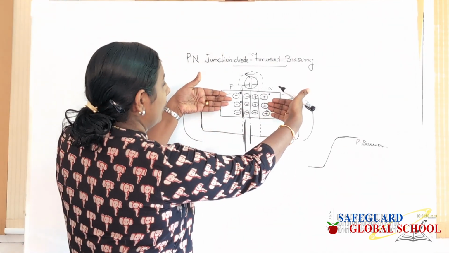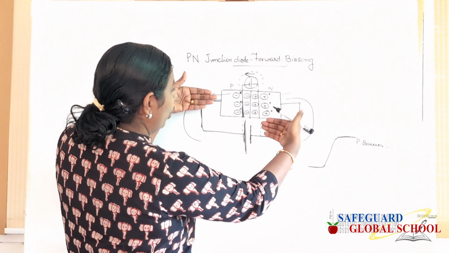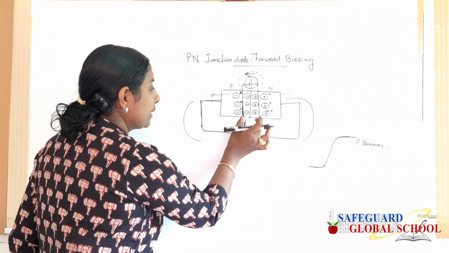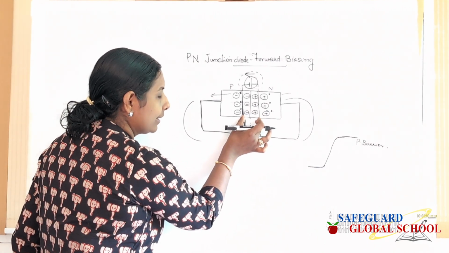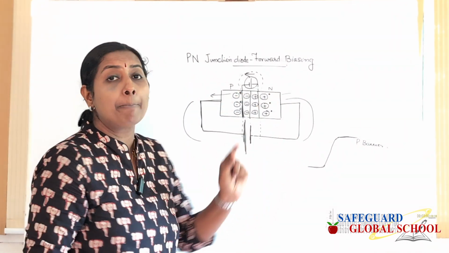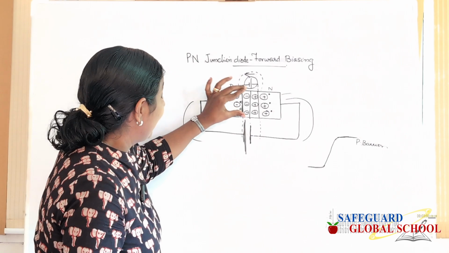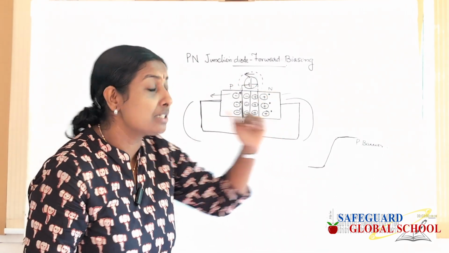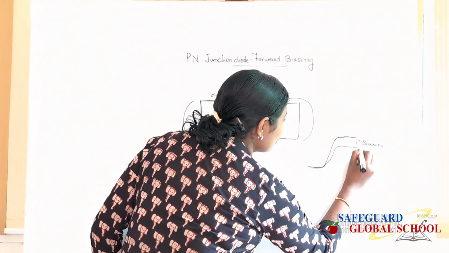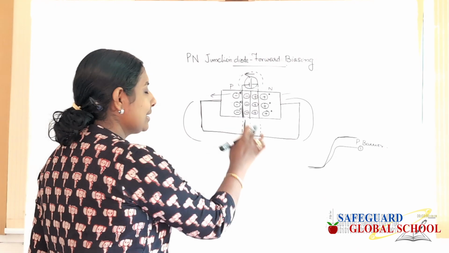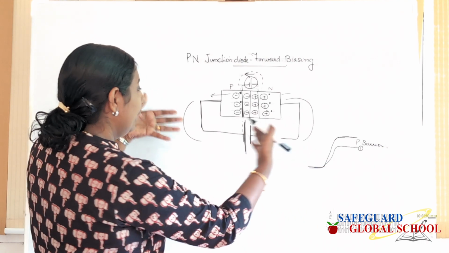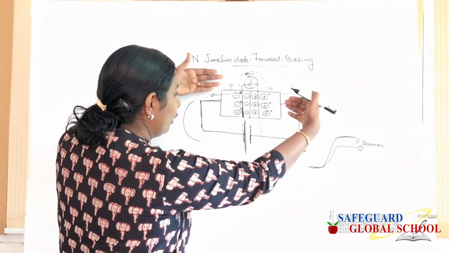These electrons move to this side and the holes move to this side. What happens to the depletion layer here? In the first case, the depletion layer was of this much thickness, right? When the electrons and holes try to cross this junction, the potential barrier height decreases. So this is the first case when I increase the strength of the battery. The potential barrier height decreases because they can come more close to the junction and cross the junction.